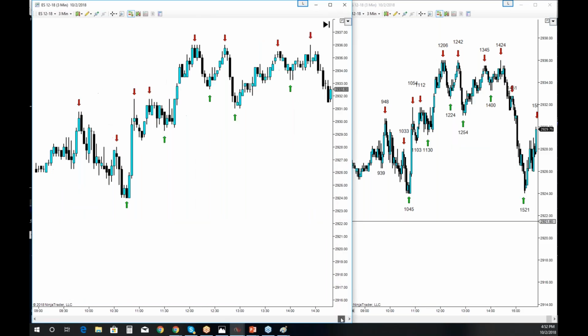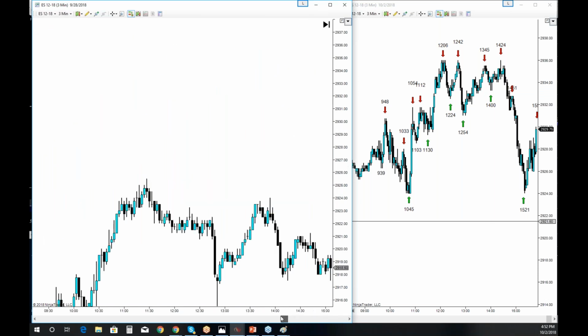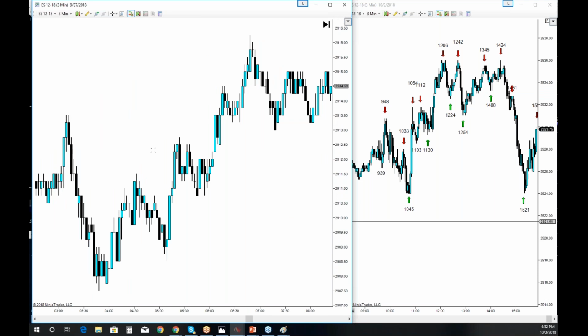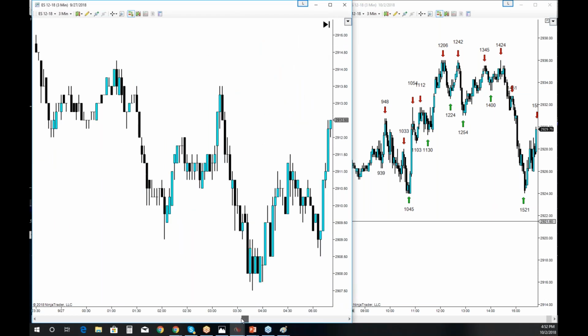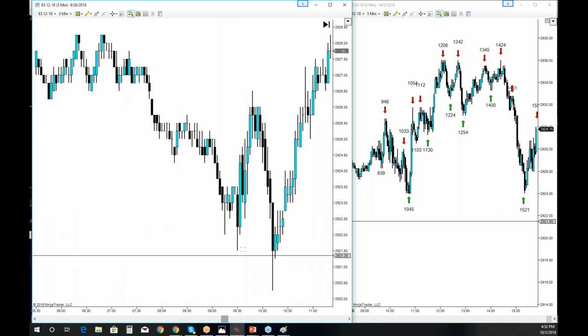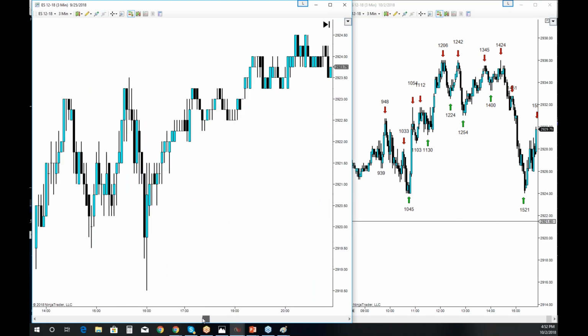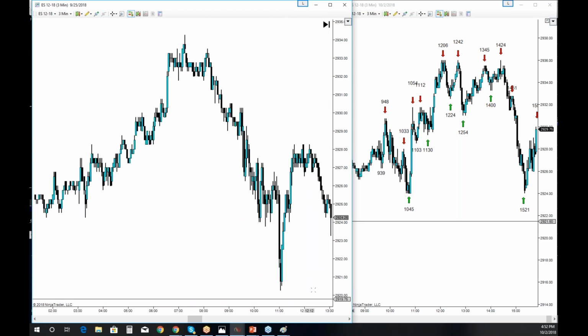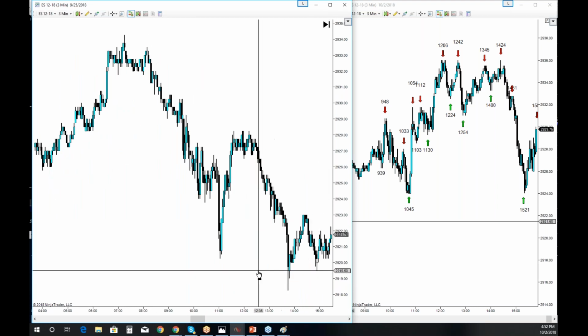So I'm going to scroll back to the 25th of September. There's the 27th. And again, this is something you can do by hand every day, especially if you're focused on one market and one time frame. So here's the 25th from a week ago today.